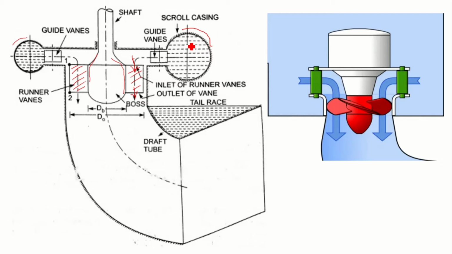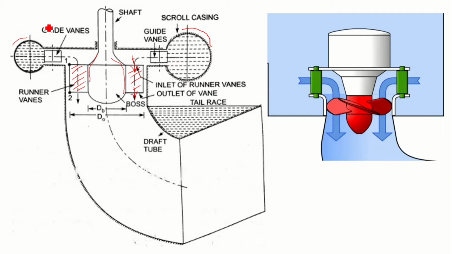As water flows through the turbine, the area decreases. There are guide vanes also placed here. These guide vanes guide water to the runner vanes. That is the main function of guide vanes. The guide vane is also seen in other reaction turbines.